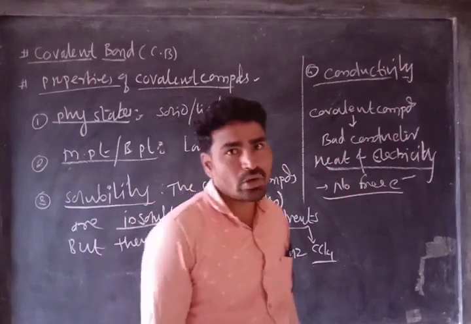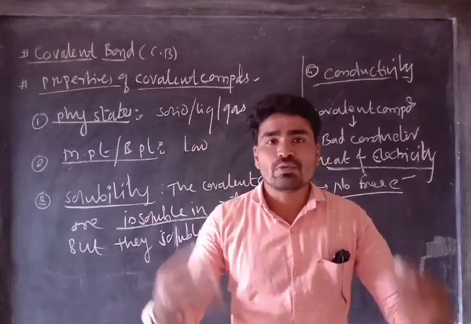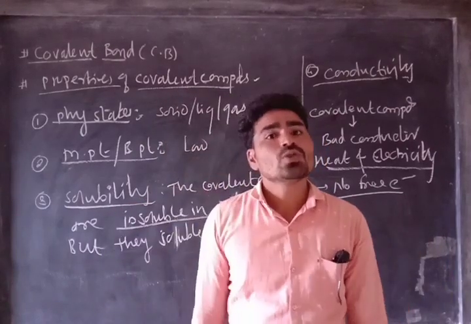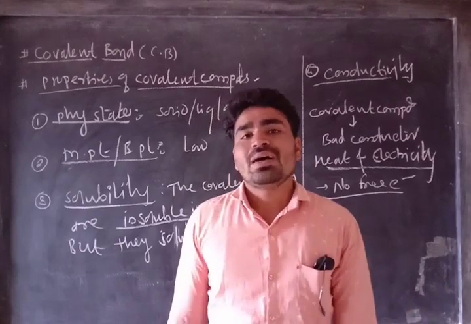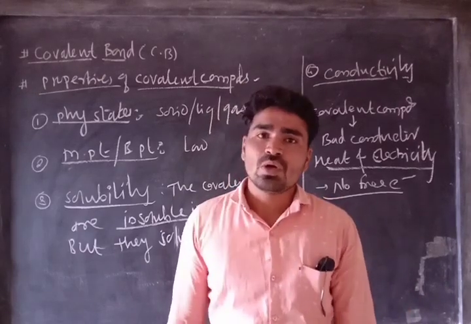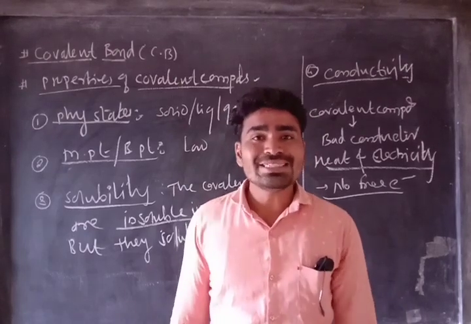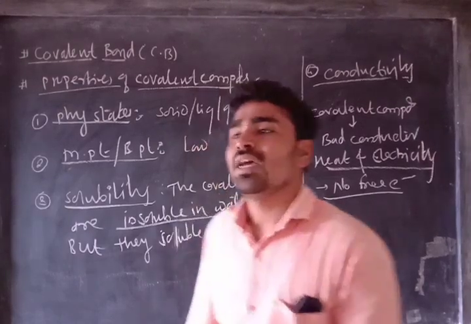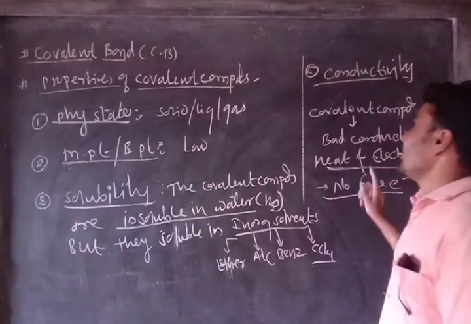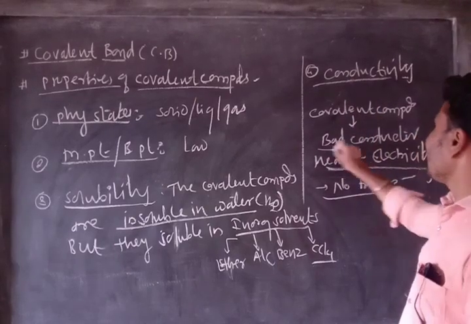But in a covalent bond, as you know, electrons are busy, engaged in the formation of the bond by sharing. So whatever electrons are in the valence shell, they are engaged in the formation of the bond, that is, they are shared. That's why there are no free electrons, and because of no free electrons, covalent compounds are bad conductors of electricity.